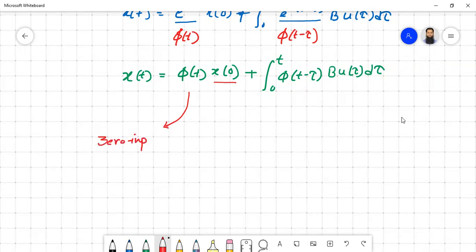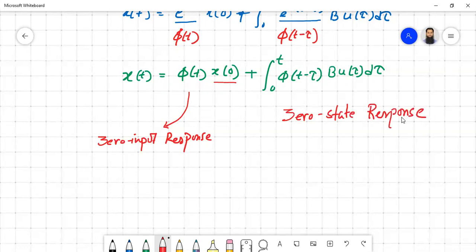It only depends on the initial state value, not on the input. Now, the second part is because of your input, but the initial state is zero. So that is why it is also called zero state response.